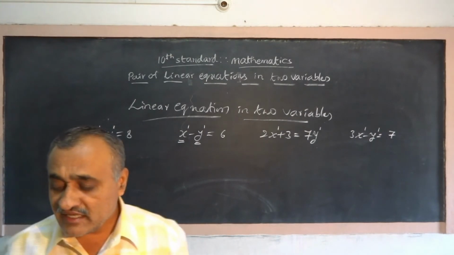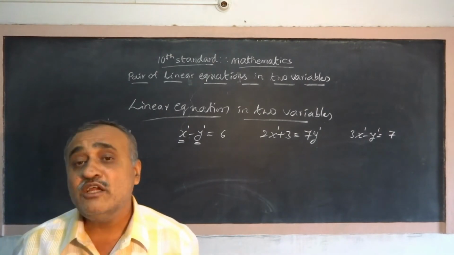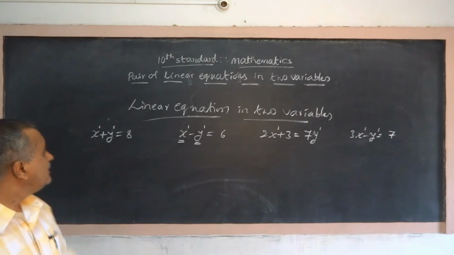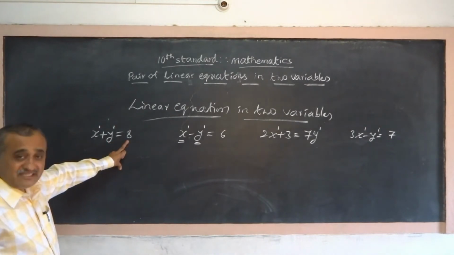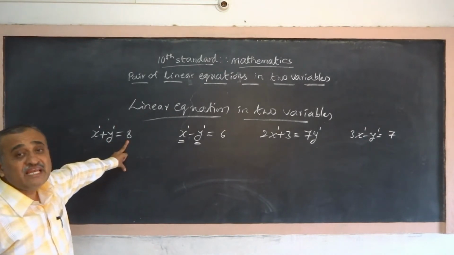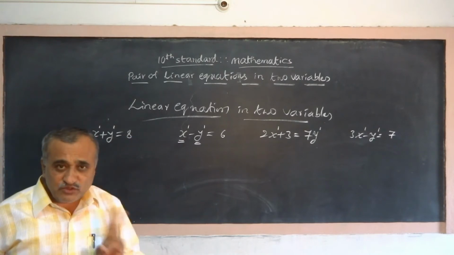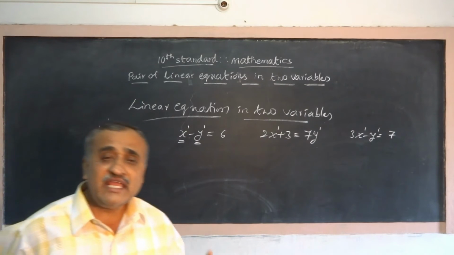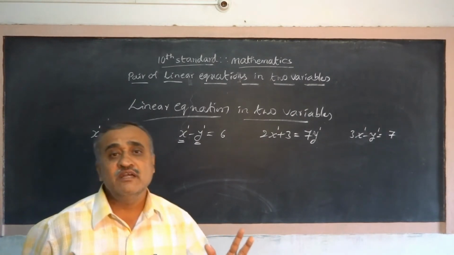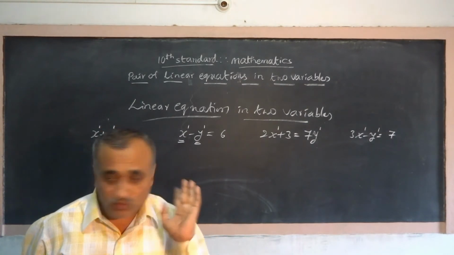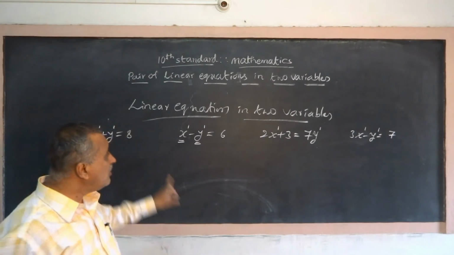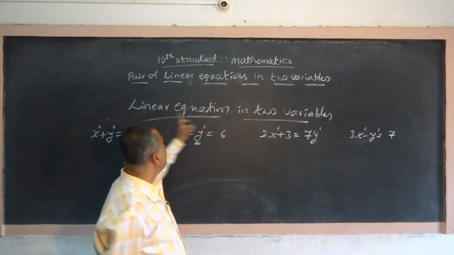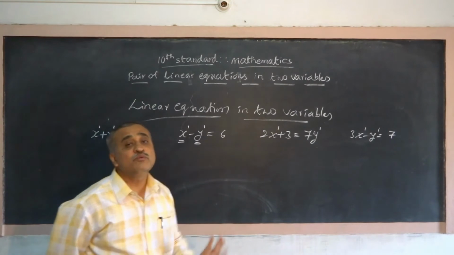Is it right? Linear equation in two variables. If two variables exist in a linear equation and the highest degree of those variables is equal to 1, then those equations we call linear equations in two variables.